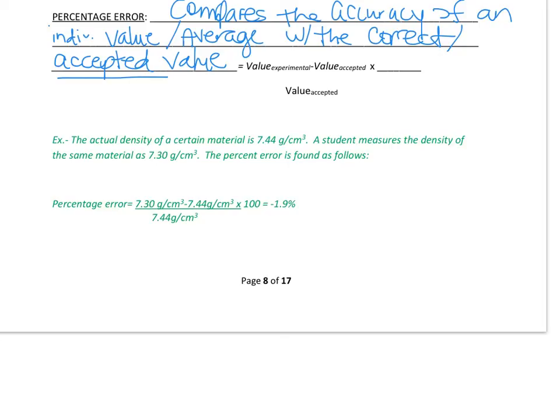And the formula for the percent error is just the value of the experimental point that you got minus the value of the accepted, divided by the value of accepted, times 100. And that will give you your percent error, and it'll be reported like this. And a lot of the times, this one has a negative, but you will often see this reported as a plus or minus 1.9.